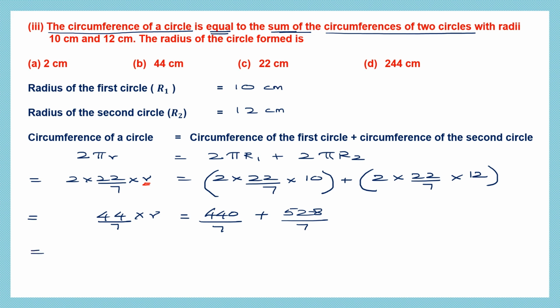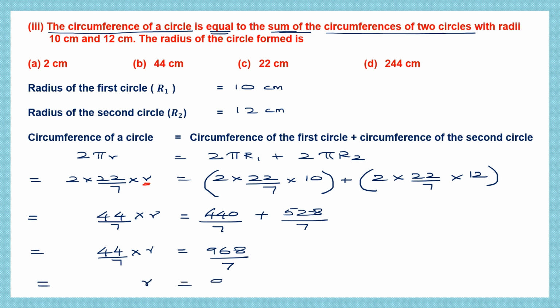So 44 by 7 into r is equal to, since these are like fractions, we can simply add up the numerators. 440 plus 528 is 968 by 7.